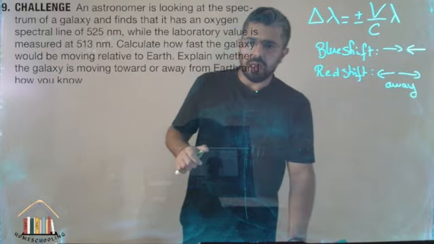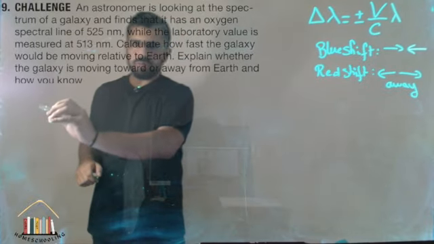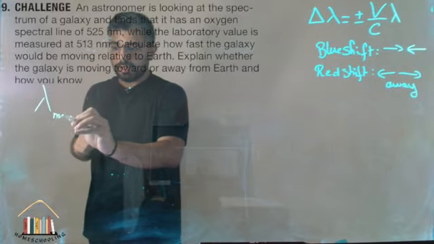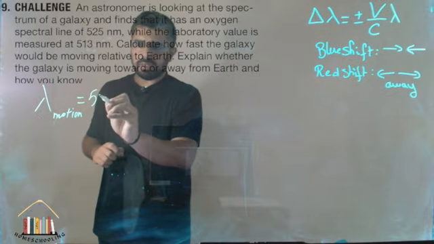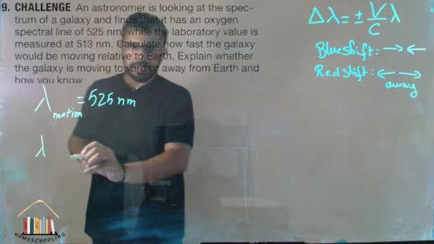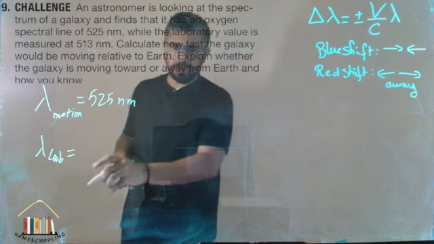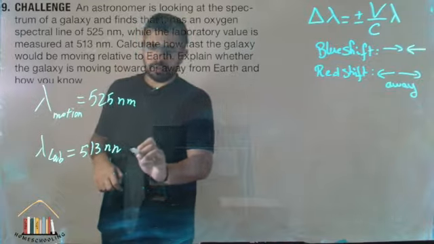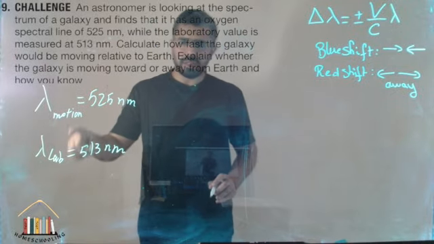Lambda of the motion is equal to 525 nanometer. However, lambda when it's at rest in the laboratory, the normal value, is 513 nanometer only.